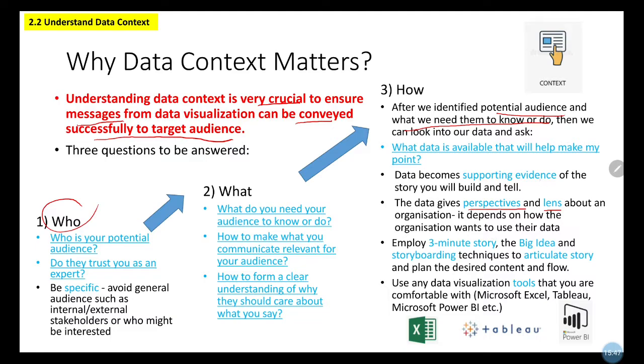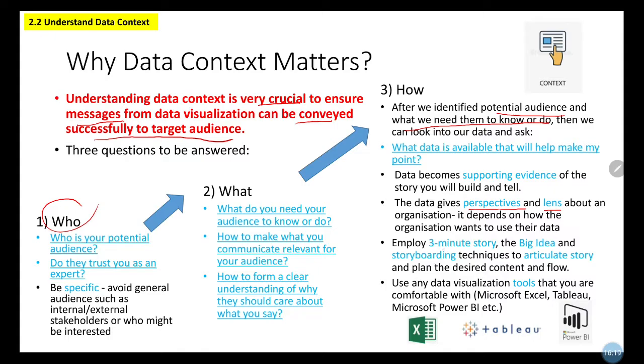In order to make sure that we can design a very good visualization, any organization or people who are going to produce a visualization can employ one of these three techniques to plan the desired content and flow of information in the visualization that will be produced.